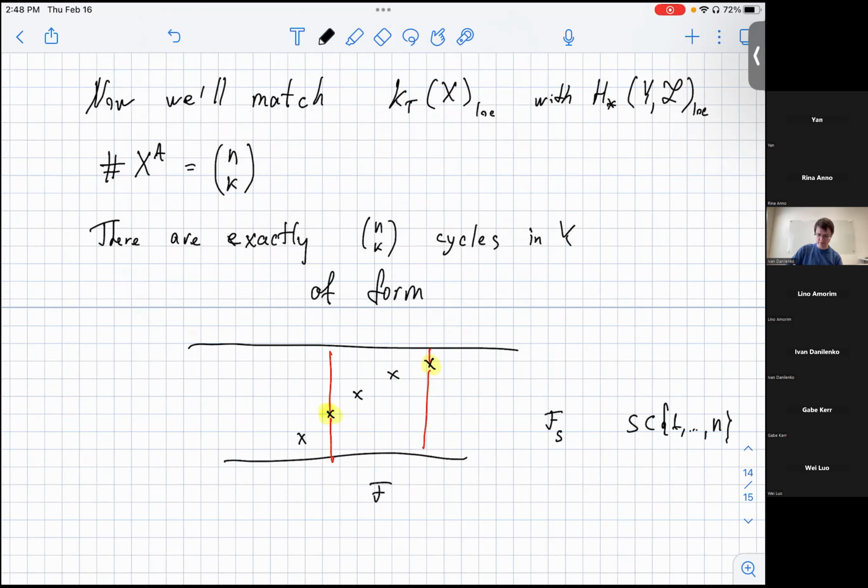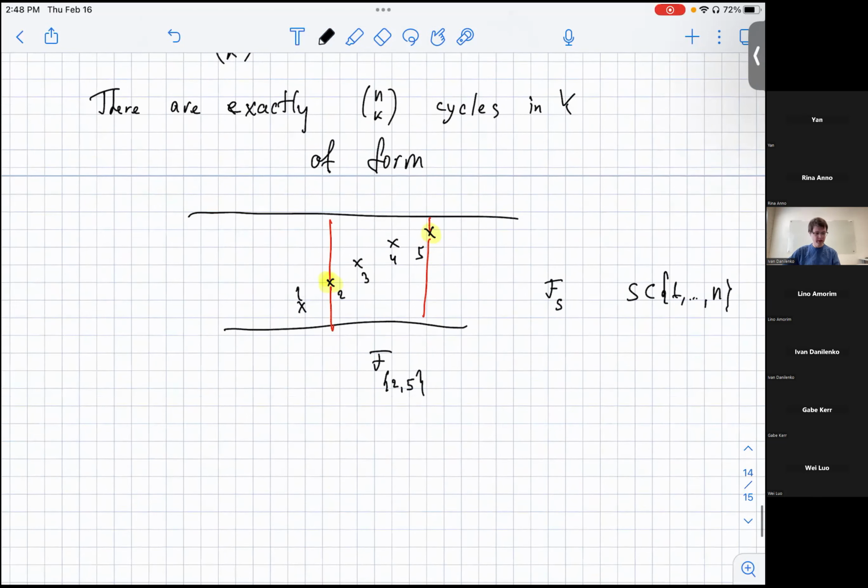So this is F of {2, 5}. 1, 2, 3, 4. And if we match the structure sheaves of points with this F_S for some identification of points with subsets, we get an isomorphism.